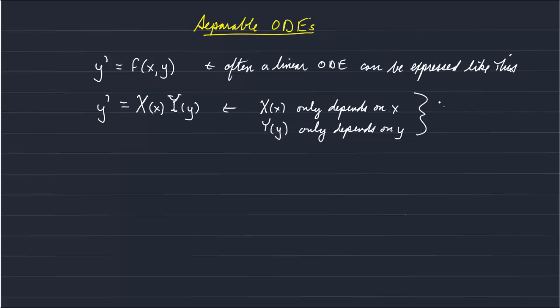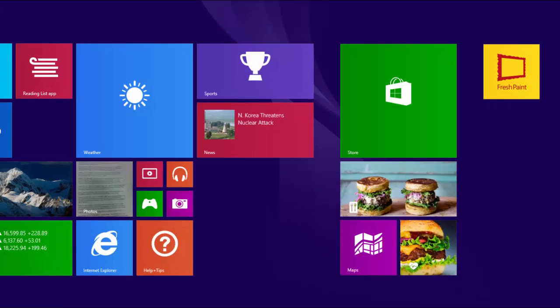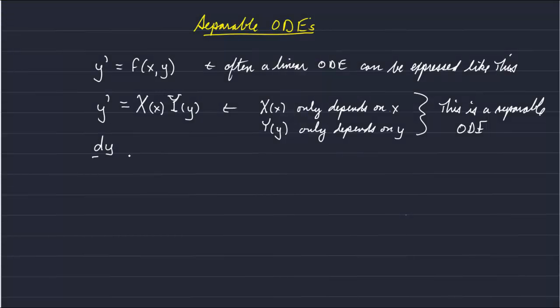And this is a separable equation. It's relatively easy to solve because we can break up the derivative in terms of the differential on y and put the function of y on the left-hand side and set that equal to capital X times dx and integrate both sides.